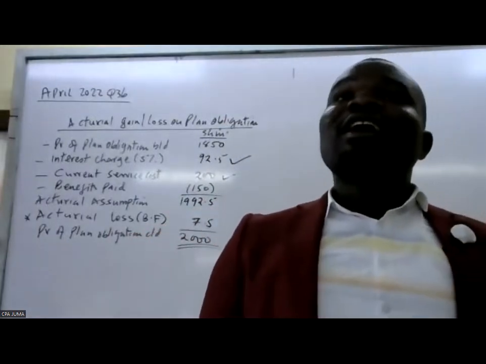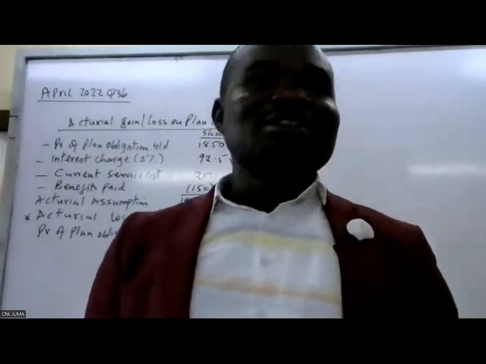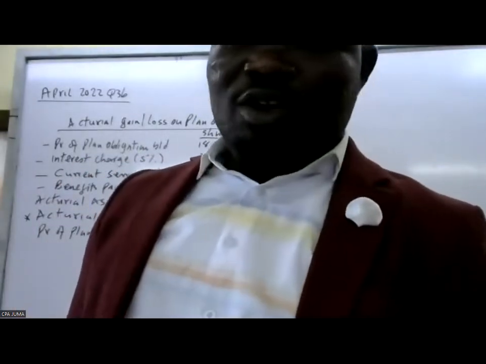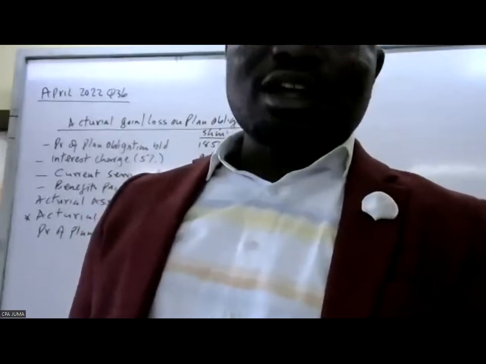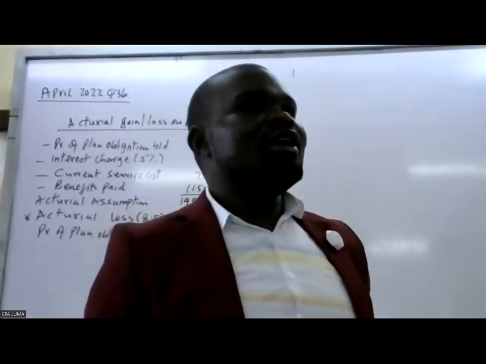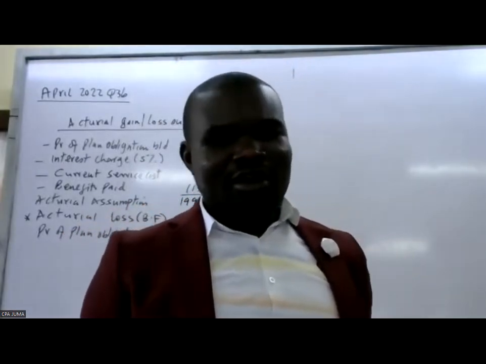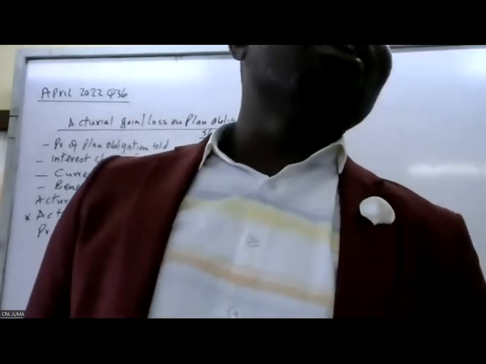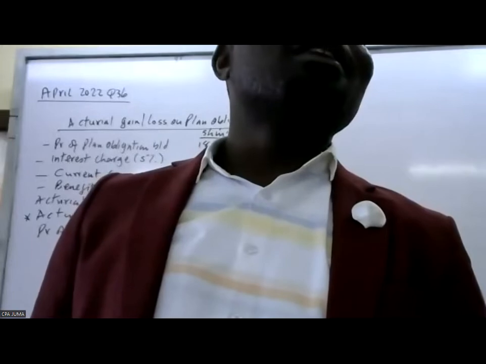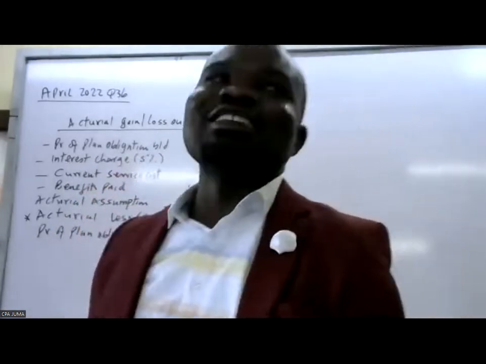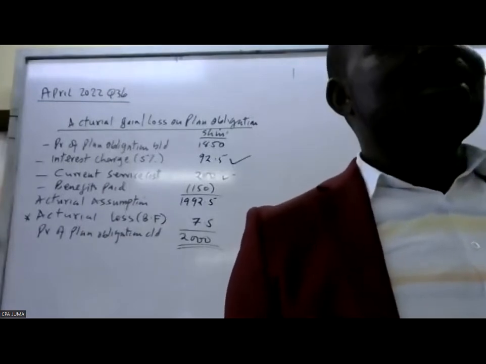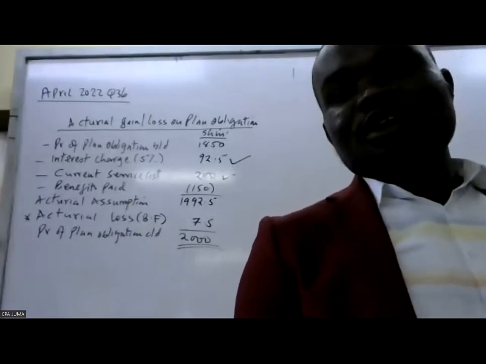Curtailments is spelled C-U-R-T-A-I-L-M-E-N-T. Curtailments is when you reduce the number of employees, settlement is when you have been paid. But that is too much story.